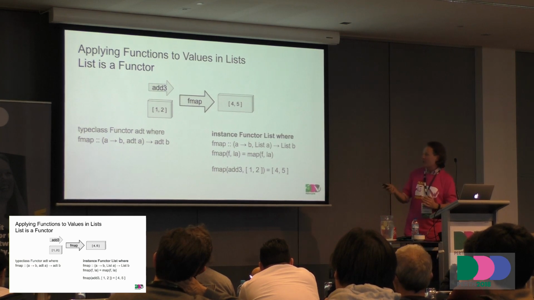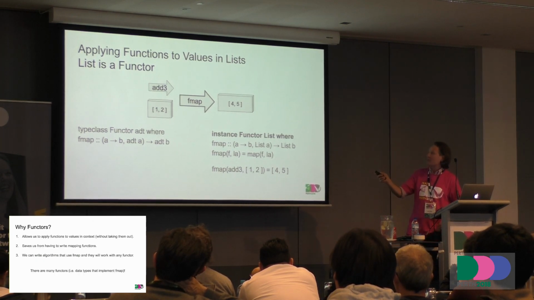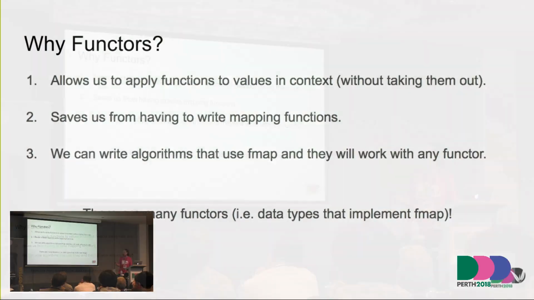So we can define this type class, and I mentioned we've got list in it and we've got other classes as well. So the question is, why do we need these things called functors? Well, hopefully I gave you a little example there, but just to reiterate, it allows us to apply functions to values in different contexts without us having to do all the work of taking it out ourselves. The fmap does it for us because the fmap knows about the lists, or the fmap knows about the maybe.